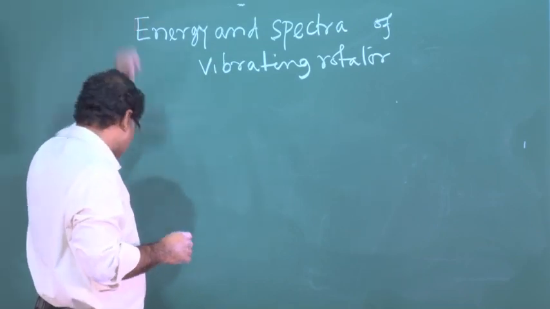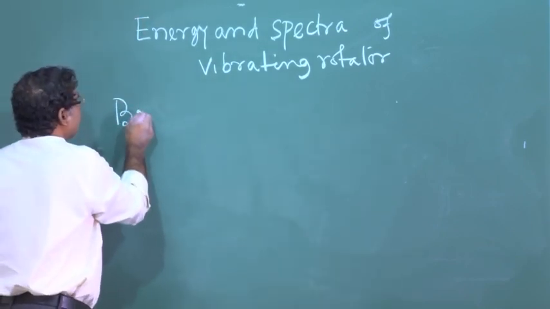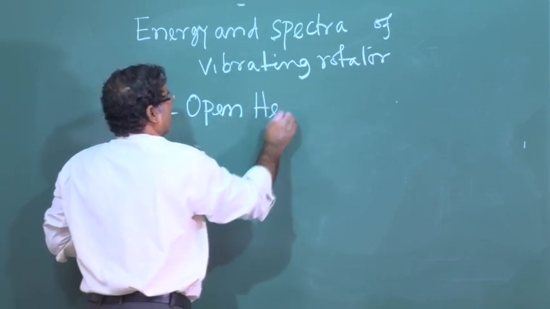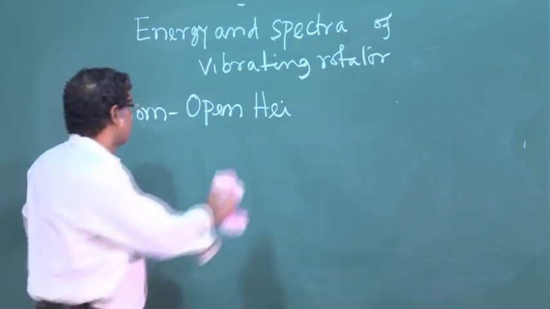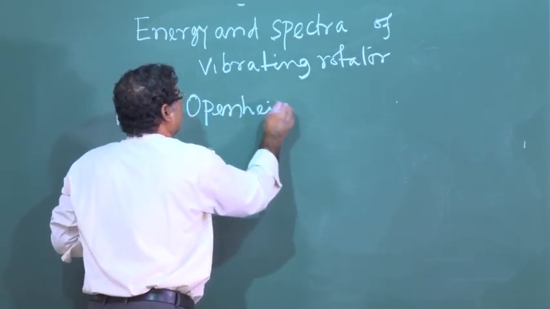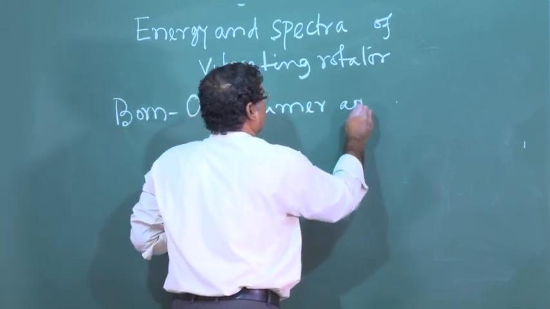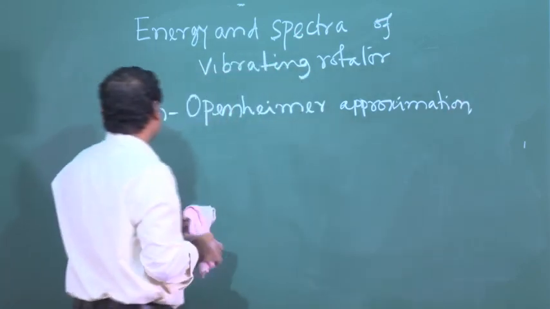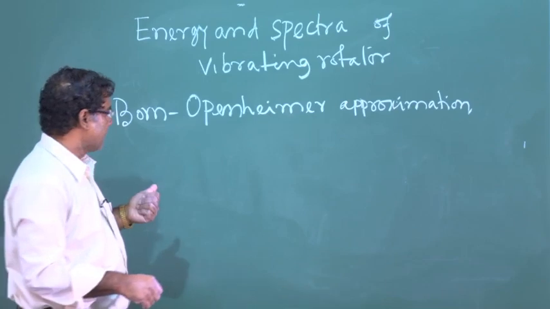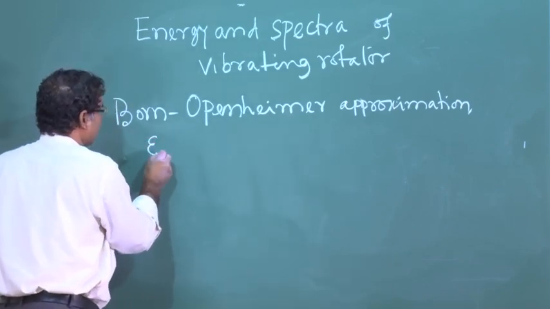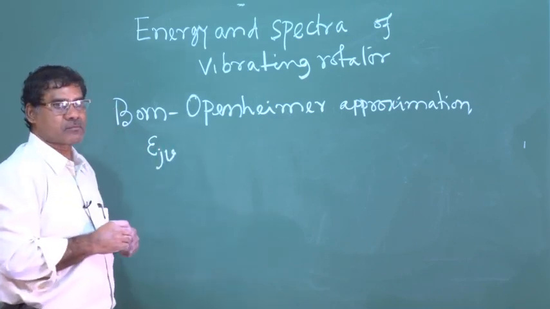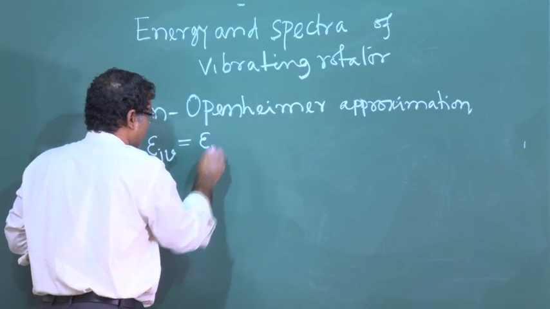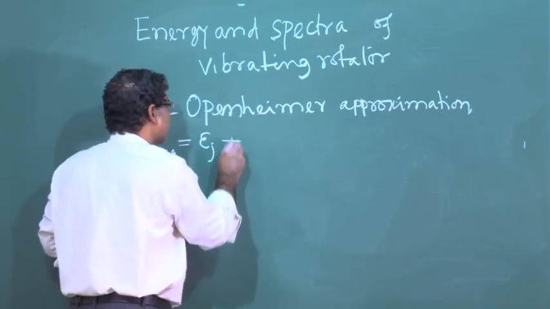We have seen that according to the Born-Oppenheimer approximation, the total energy for rotation and vibration, that means the vibrating rotator, will be just the summation of the individual energy of a rotator plus the individual energy of a vibrator.